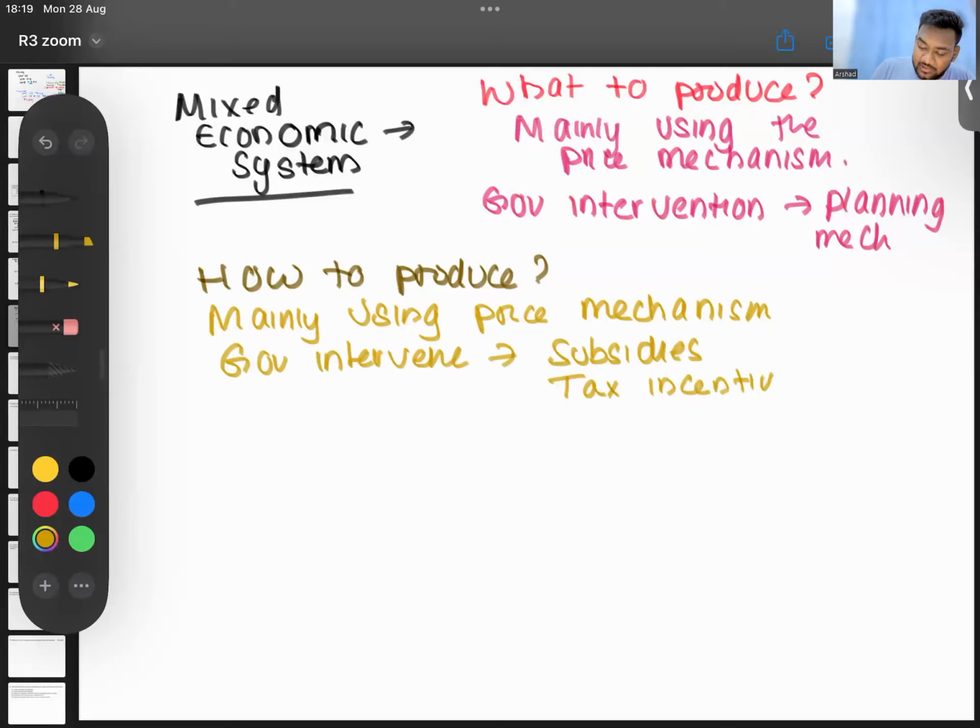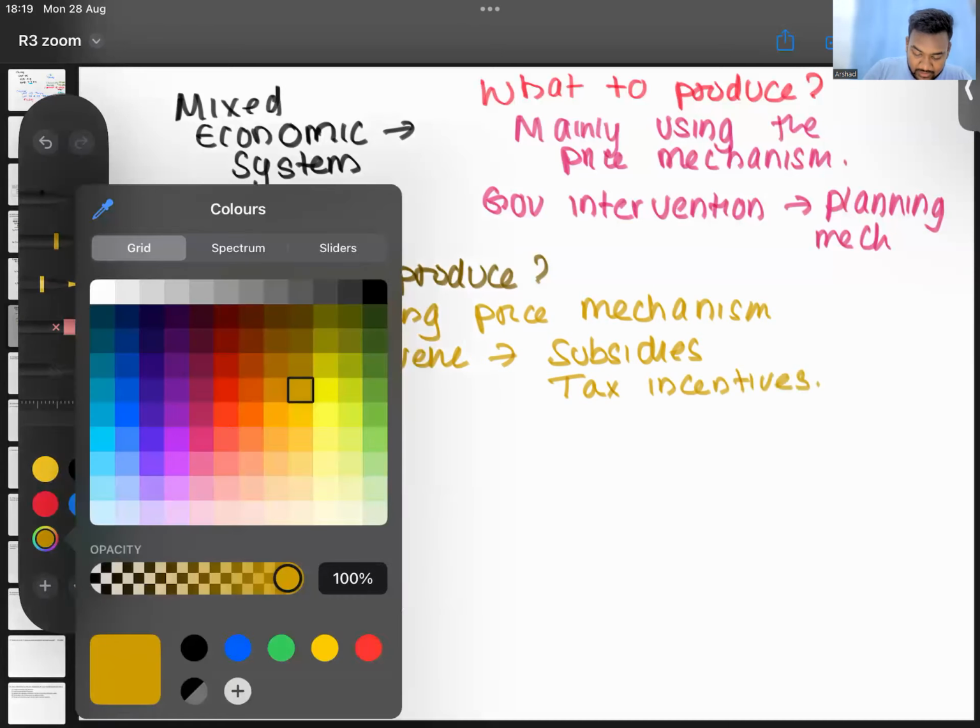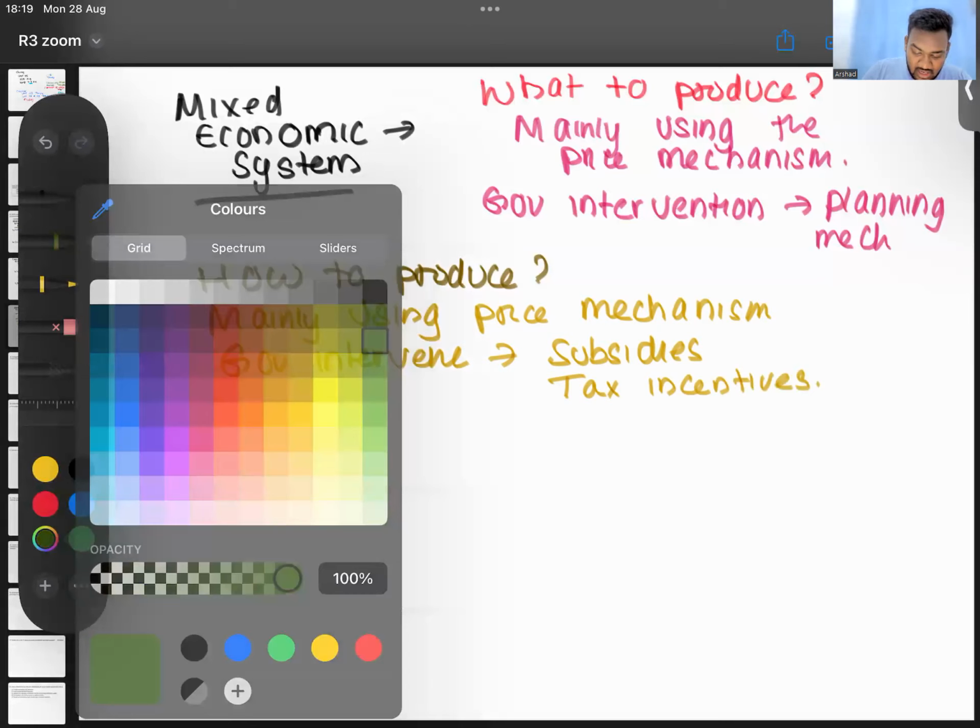Government might do things like that. Okay. Then we have the final question, guys. Final question on whom to produce. How does this work, guys? How does the whom to produce question get answered?